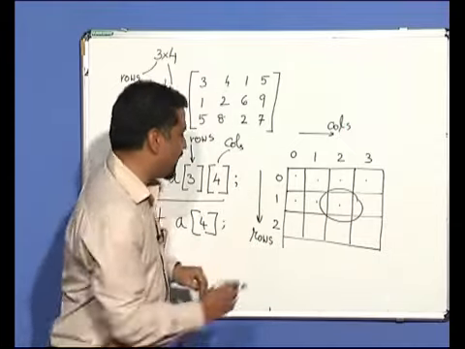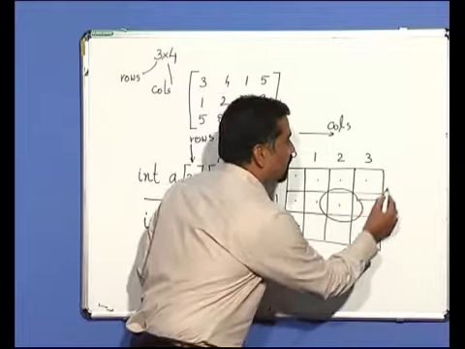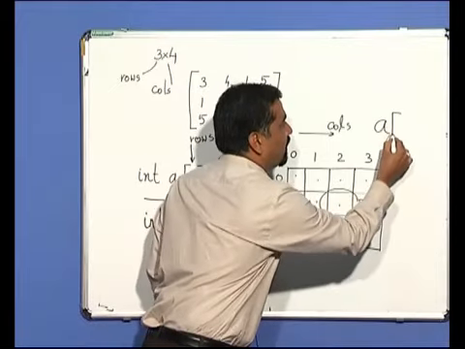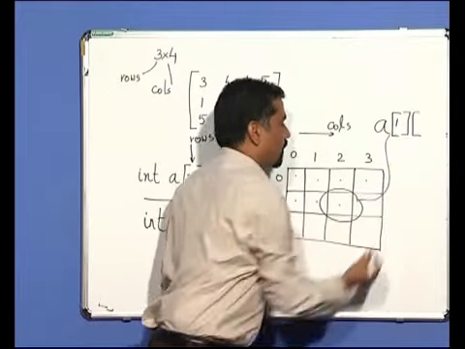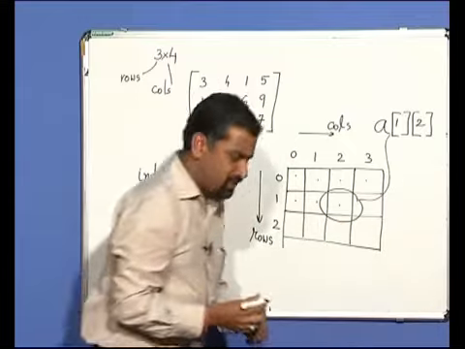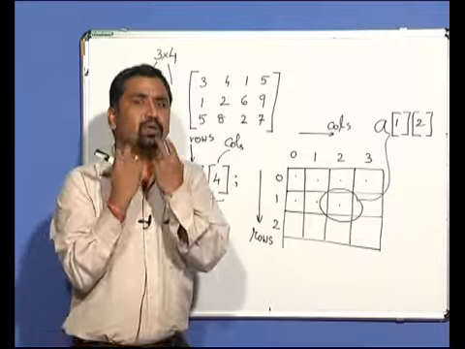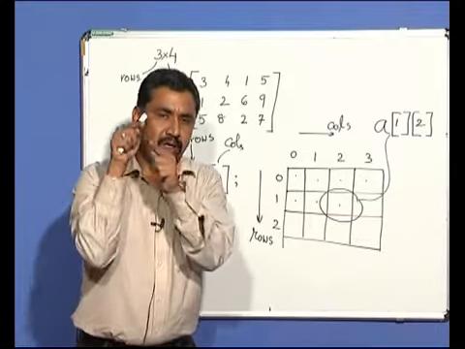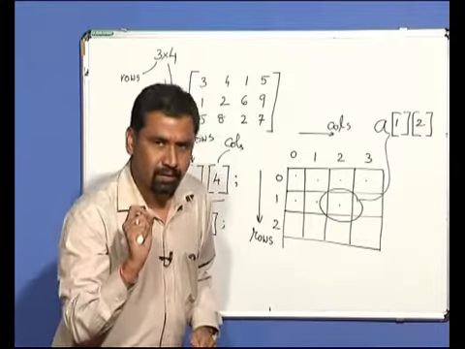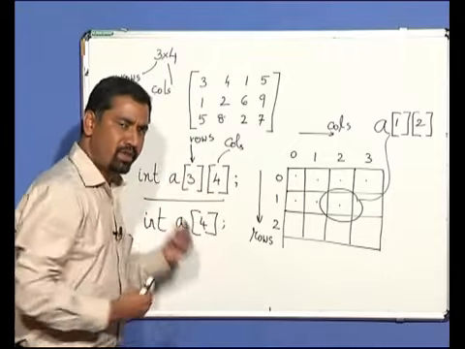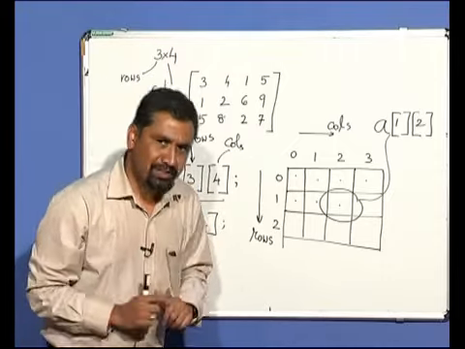So, if the name of this array is A, this would be referred to as the name of the array, then the row number, which is 1, and the column number, which is 2. So it is very simple. In a two-dimensional array, we need to specify 2 indices in order to access a single cell or element, unlike in one dimension where we use only 1. That is the only difference.